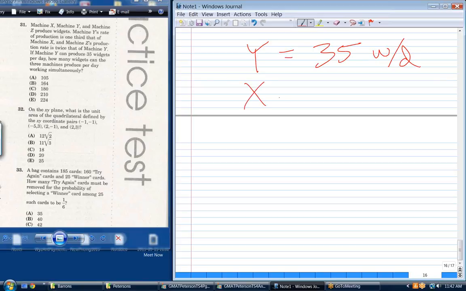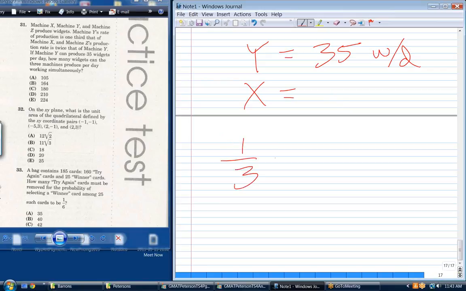So what is X going to do? If 35 is 1/3 of what X can do, and notice the comma after X, so it's not 1/3 of what X and Z, it's 1/3 of what X. Okay, so what number would X have to be so that Y would be 1/3 of it?